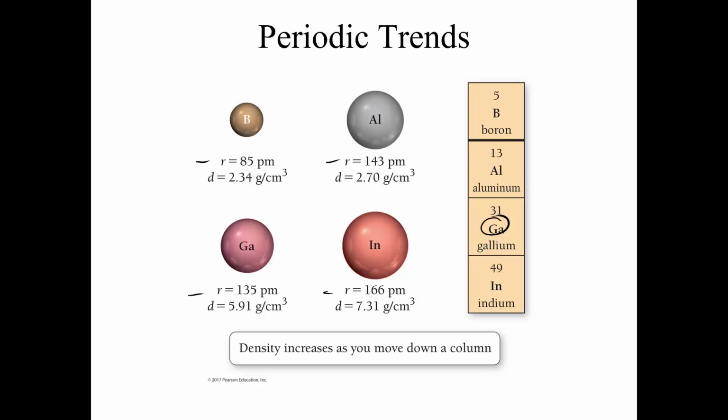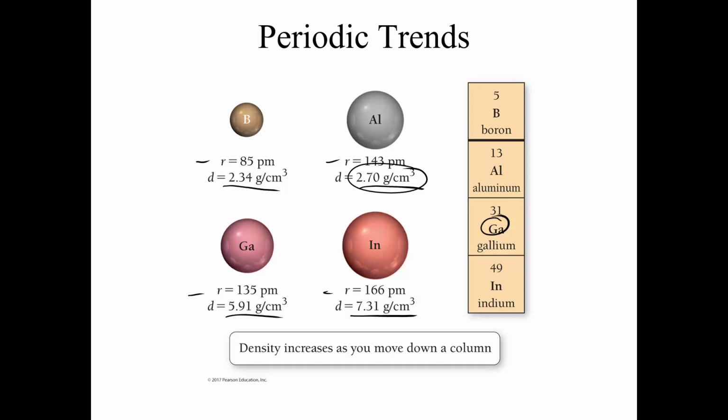We also have a density increase as we go down, right? From boron to aluminum to gallium and indium. This is what we use in that airplane that I had up earlier, 2.7 grams per cubic centimeter. It's not very dense, which makes the airplane less dense and easier to fly.